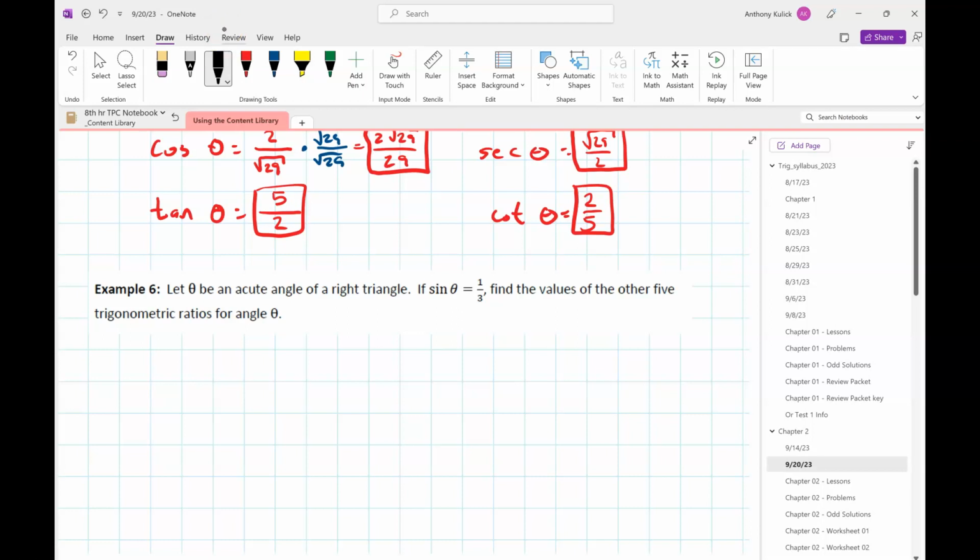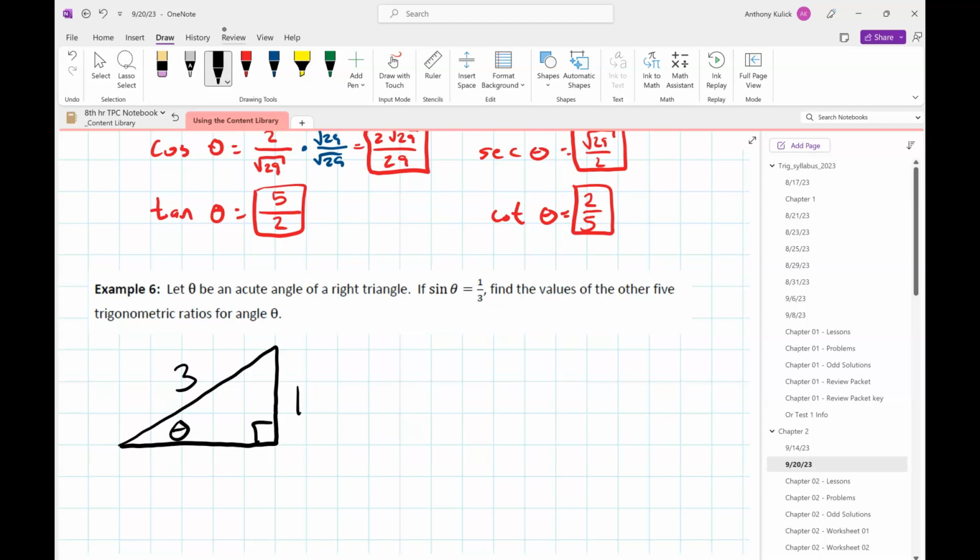What should I do first? Dude, I'm drawing a picture, right? There's my right triangle. Call this guy theta. Since sine theta is opposite over hypotenuse, opposite is 1, hypotenuse is 3.